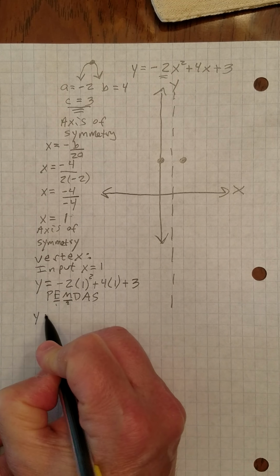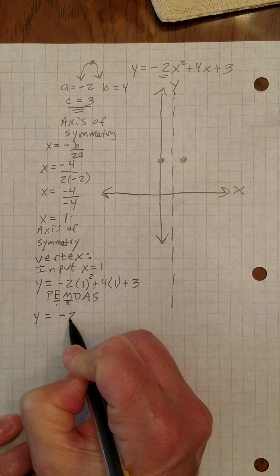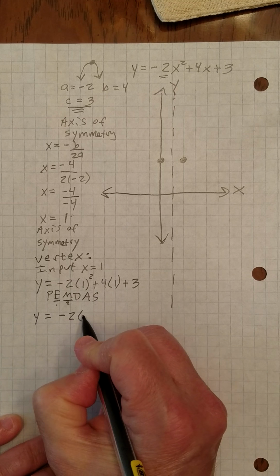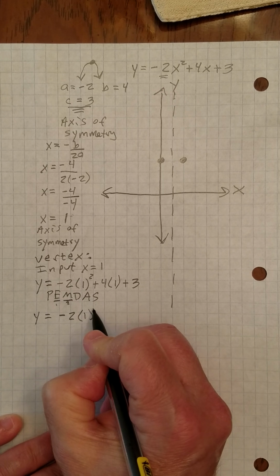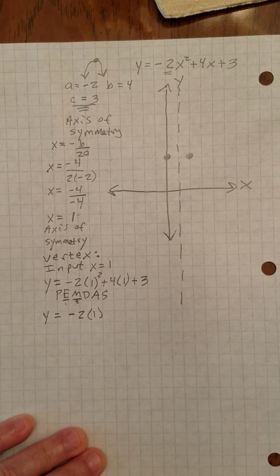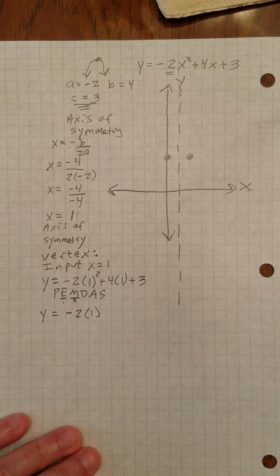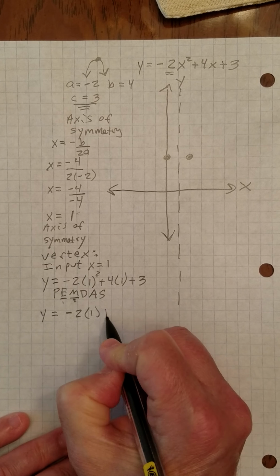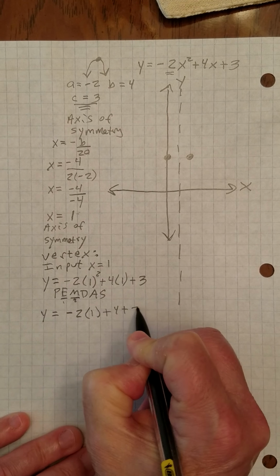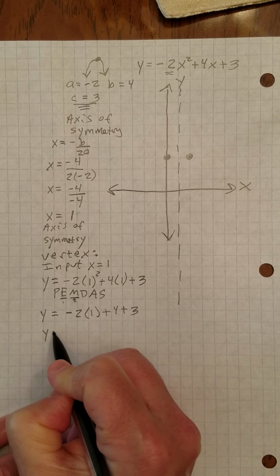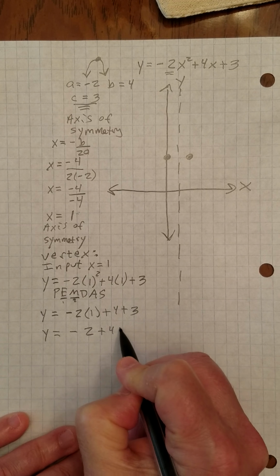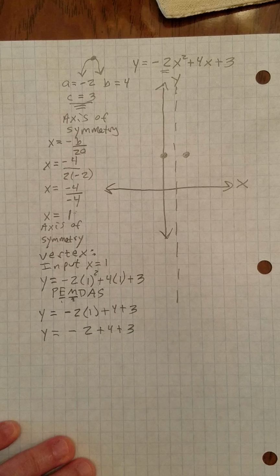So y is going to be equal to -2 times 1, right? Because we did the exponent first. 1 squared is 1, plus 4 plus 3. Y is equal to -2 plus 4 plus 3.